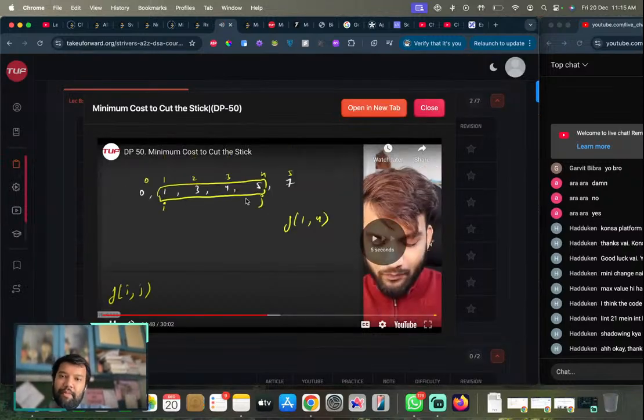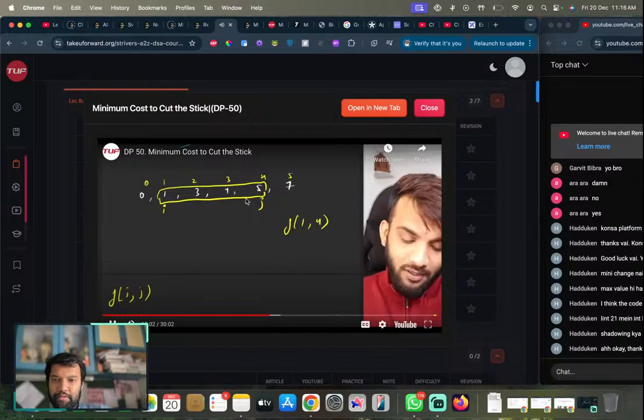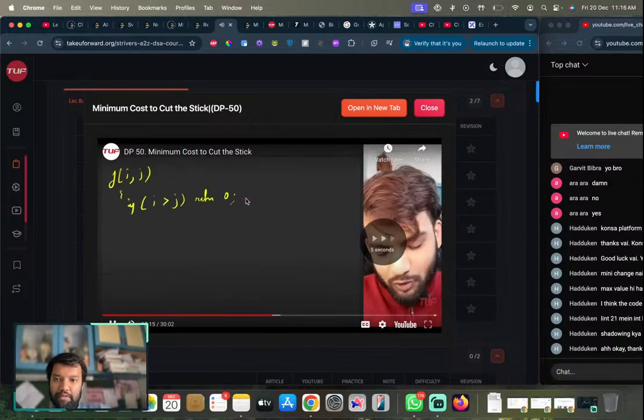You will insert and from here. So I can start with this. I can take any one of them as the first cut. Thereby, the cost will be 0 if no partition is to be solved.